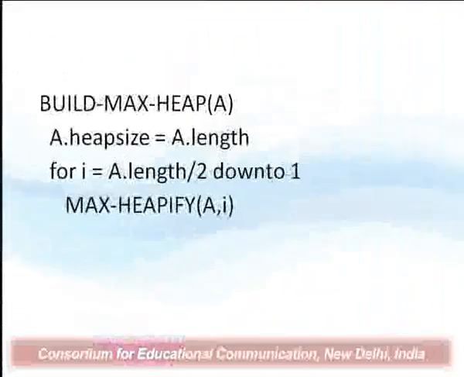So in order to build the max heap, the code of the function build max heap will be: we will just pass the array inside build max heap. It is going to take heap size as the length of the array, and then it will start from A dot length by 2, that means half of the length, down to 1.